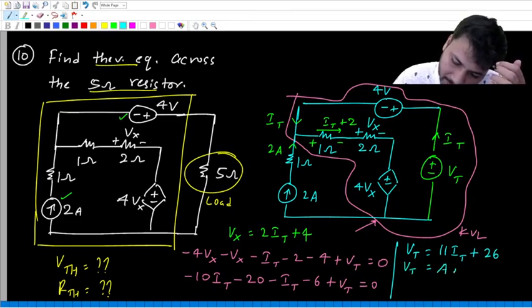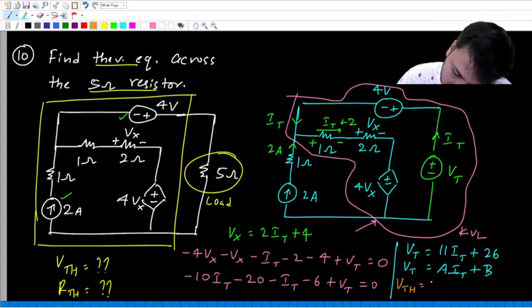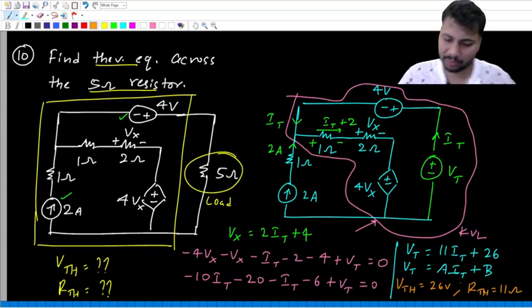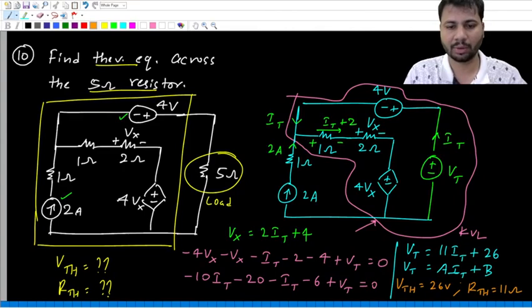Now if you compare this with Vt equal to A IT plus B, directly we will get the values of Vth and Rth. So Vth is 26 volts, Rth equal to 11 ohms. So these are the values of Vth and Rth, okay.